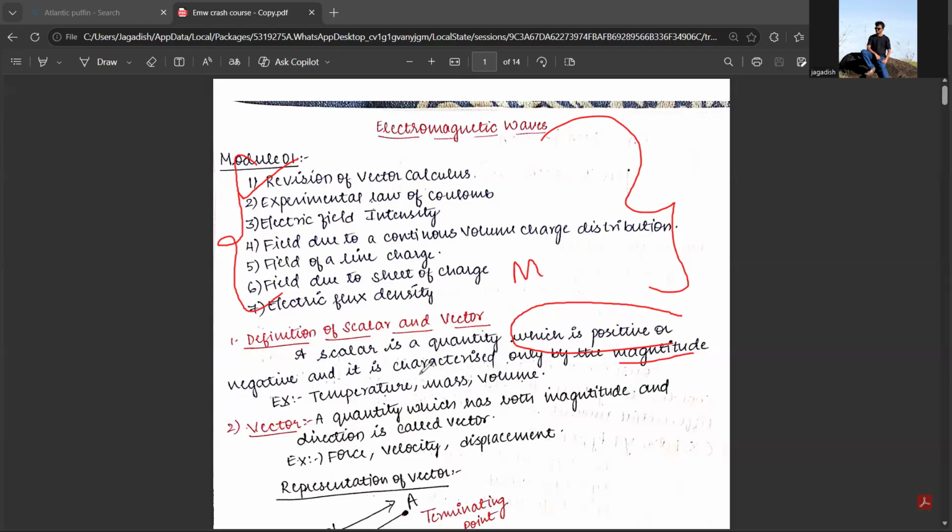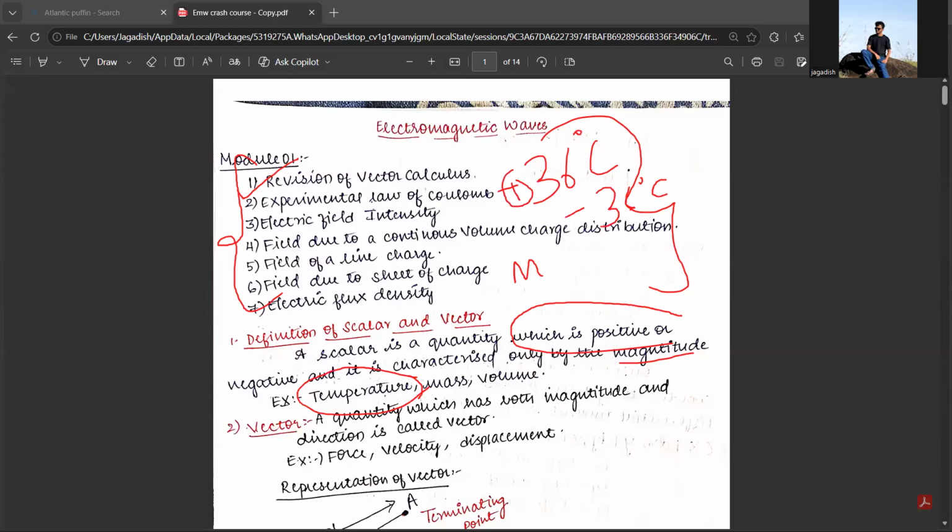So what is an example of a scalar? Temperature. Does temperature have a direction, students? If it is plus 36 degrees Celsius, it will just have the magnitude, that is plus or minus. Understood? So it will not have a direction. Will we say in which direction the temperature is?